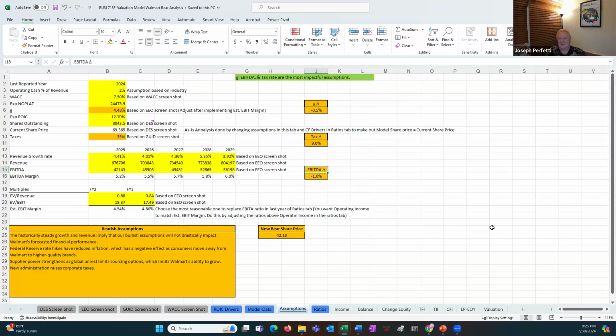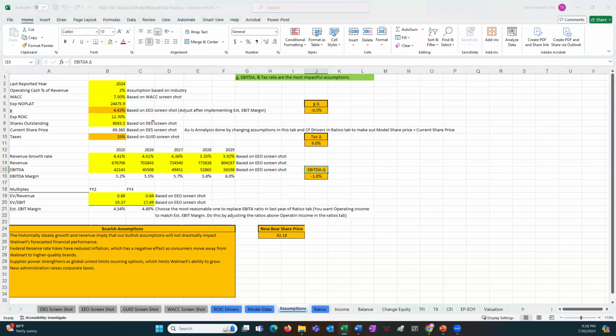Connect those dots as you're going through. Yeah, definitely. And I'm thinking in terms of our paper too, that would probably be a good idea. So this assumption led to that change, and that assumption caused me to change this. I think that would be more helpful as you are all going through this.